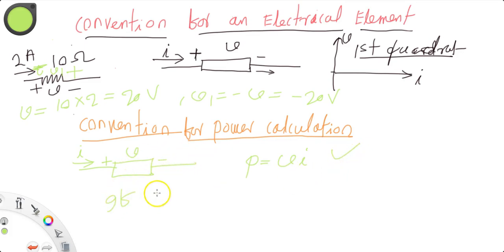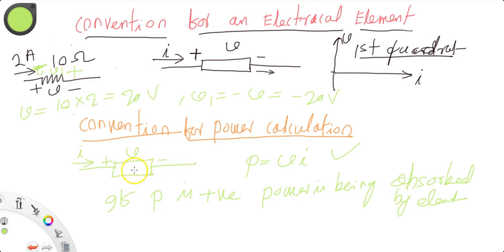And if P is positive, power is being absorbed by the element, a random element, this element E.